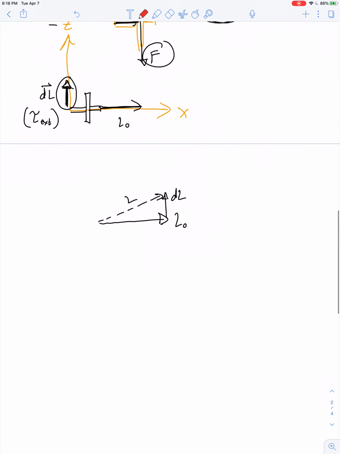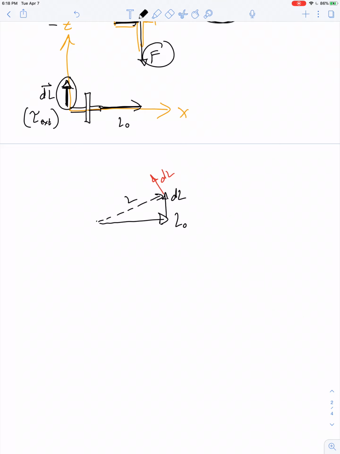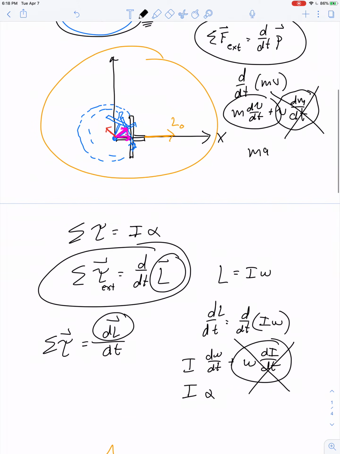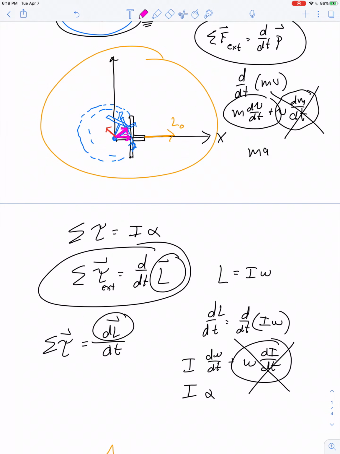So the change in angular momentum now points this way. So there's the next little dL. And next thing you know, the angular momentum now points here. And what's the result of that? Well, then again, the lever arm no longer points down the x-axis or even in the first quadrant.